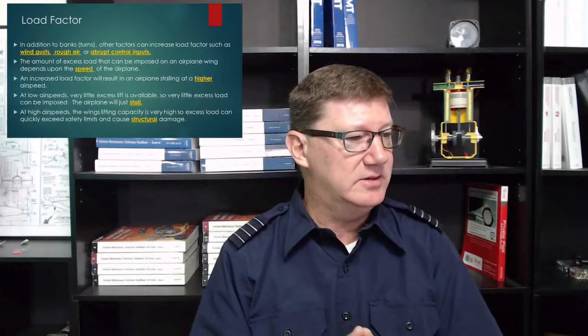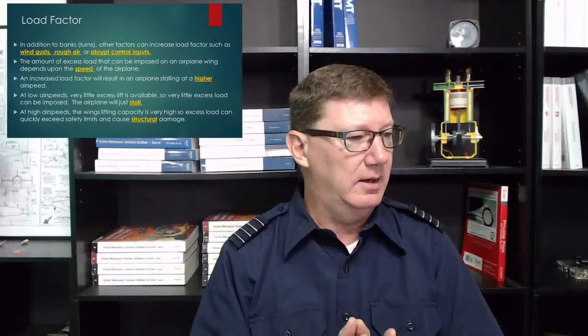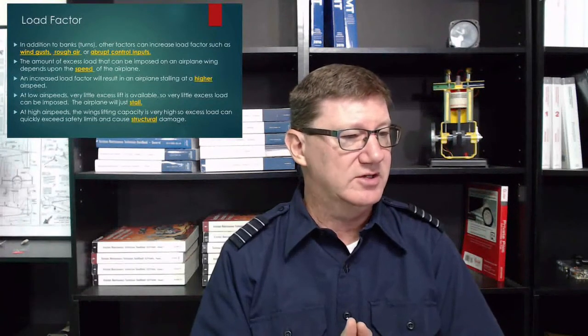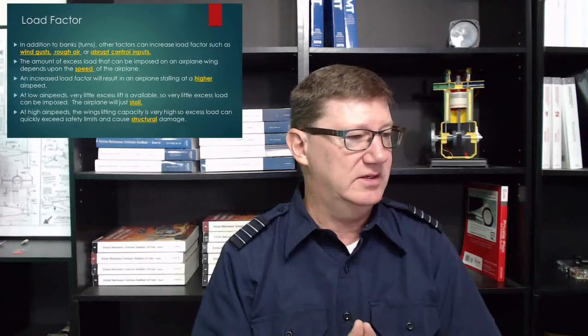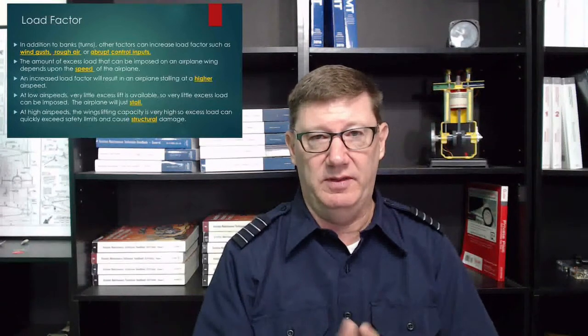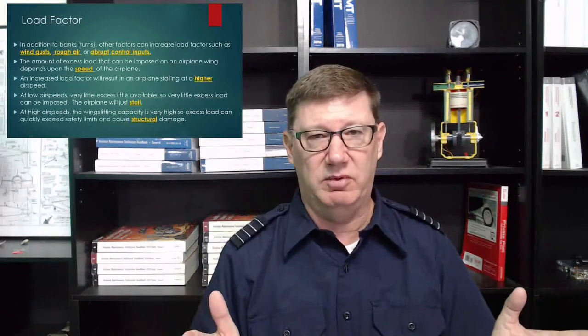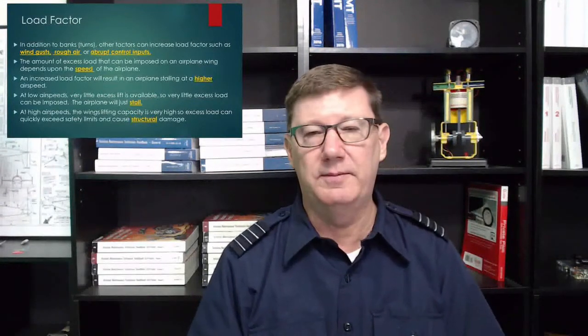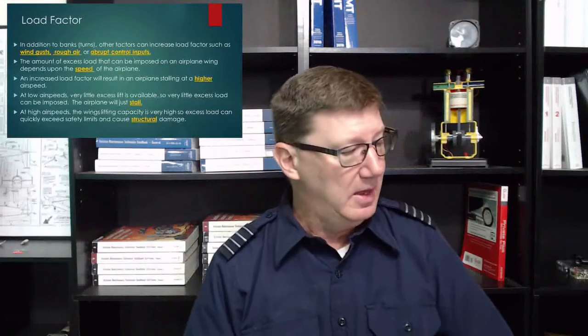At high speeds, the wing's lifting capacity is higher, so excess load can quickly exceed safety limits and cause structural damage. You have two things going on there. Number one, the speed of the airplane gives you more acceleration, but also because the wing can create more lift, it's going to carry that load, and you could exceed the load limits on the airplane.